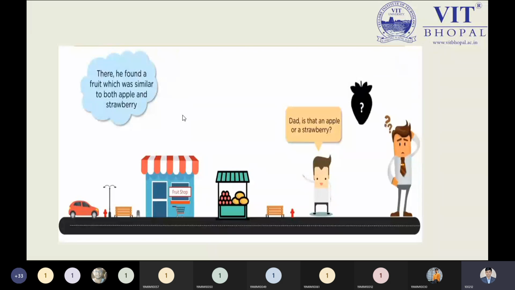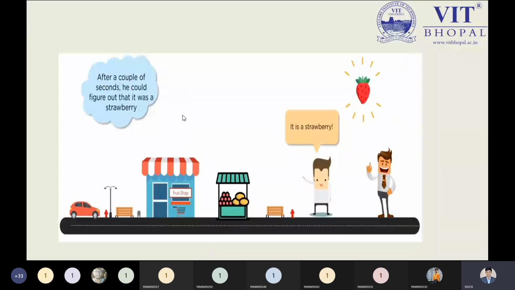So by choosing some features, I will explain to him: my dear son, this is a strawberry and it contains different features, which are a little bit different, and that is what we have to keep in mind. From this point, we need to start the next part. After understanding this concept, what I am following practically with my son is the supervised learning approach.